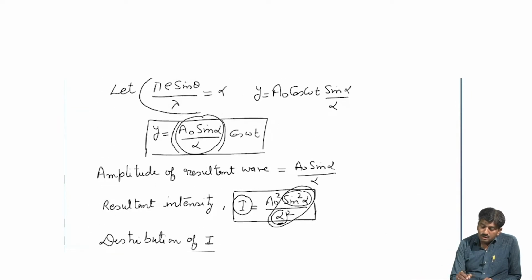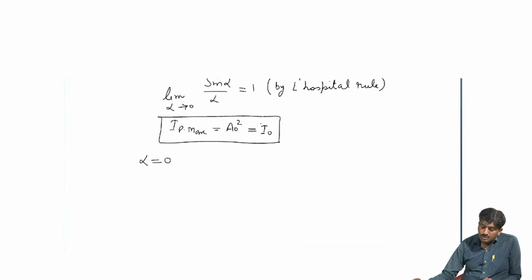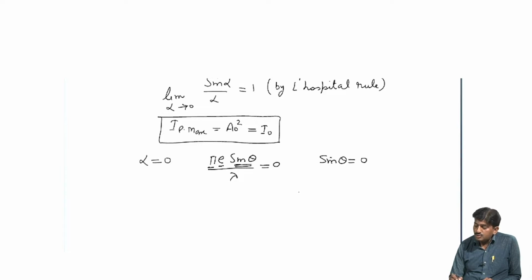This is the condition of principal maxima, and we know that alpha is equal to pi e sin theta upon lambda. It means pi e sin theta upon lambda is equal to 0. Pi and e should not equal 0. It means sin theta equal to 0, and sin theta equal to 0 means theta equal to 0.